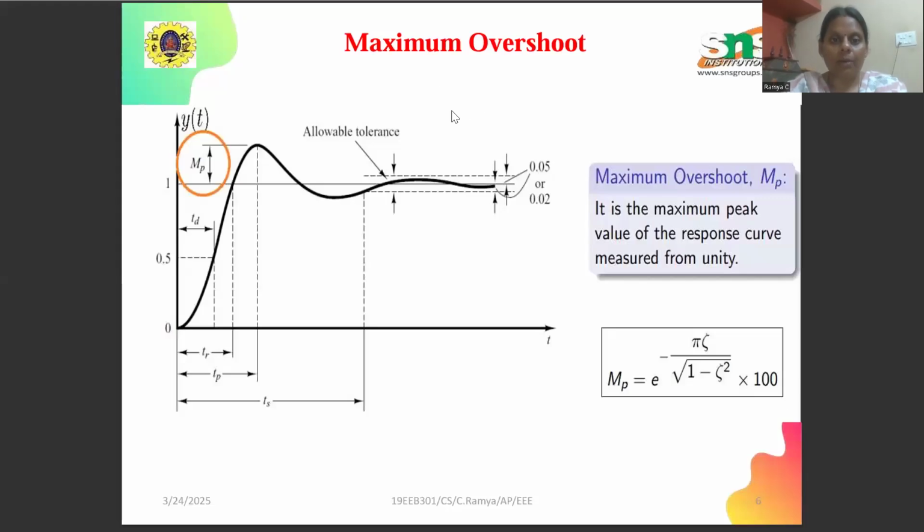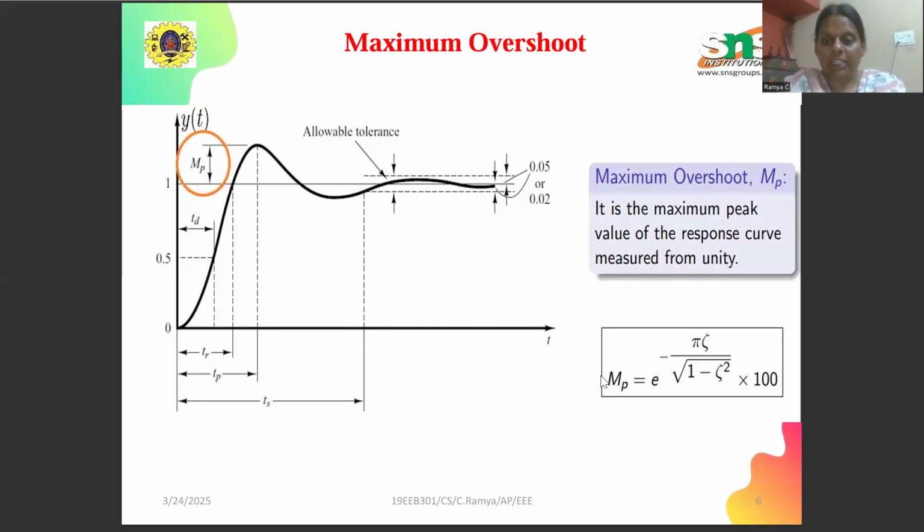Next, we are going to deal with the maximum overshoot. This happens here: after your 100% value till the peak value, that is the maximum overshoot. It can be defined as the maximum peak value of the response curve measured from the unity value, that is from 1, the 100% value, to the maximum peak value.